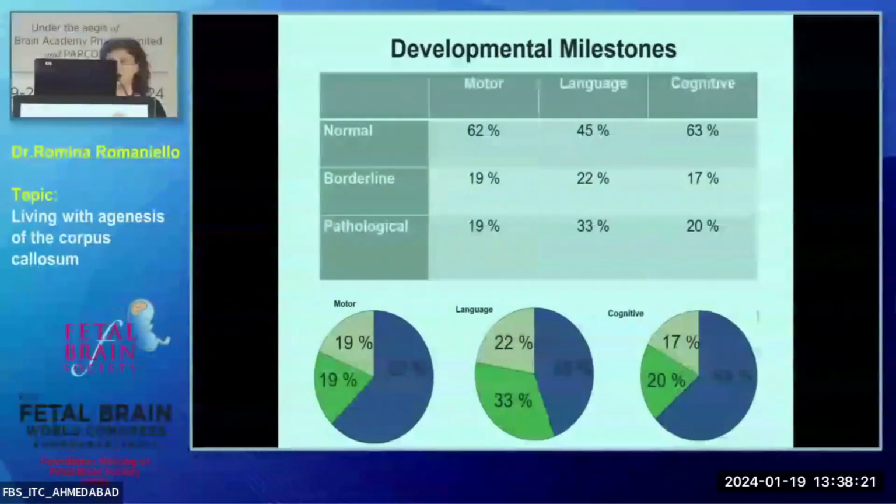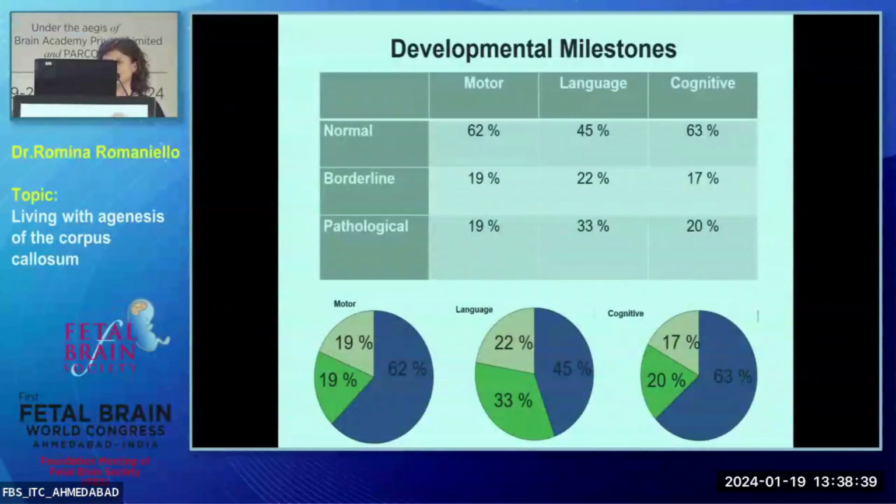In language area, normal development in 45%, borderline development in 22%, and pathological development in 33% of subjects. In cognitive area, you can see that 63% of subjects have normal developmental performance, borderline 17%, and pathological in 20%.